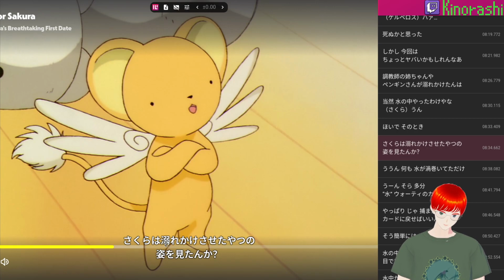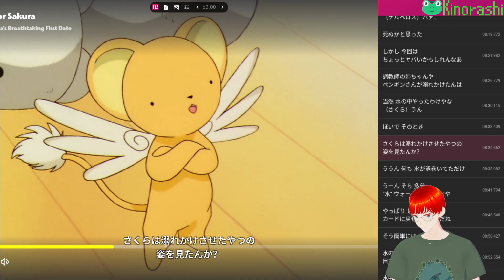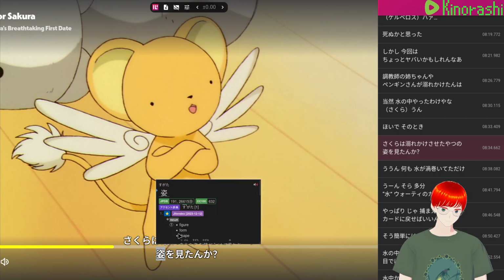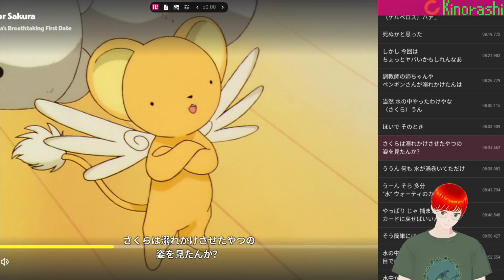Okay, so Sakura wa obore kake saseta yatsu no sugata, figure, form, o mitanka.